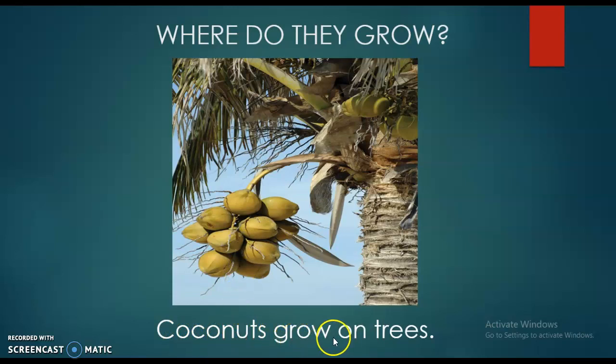Coconuts grow on trees. Buah kelapa tumbuh di atas pokok ataupun keluar di atas pokok. Okay, this is normal. I believe that you have seen many coconut trees. Awak dah biasa tengok pokok kelapa dekat rumah.